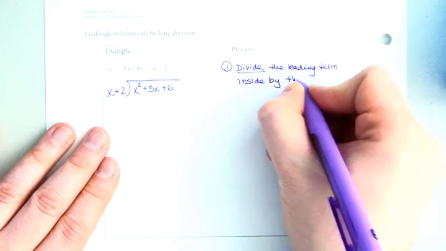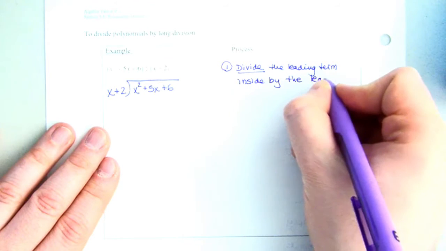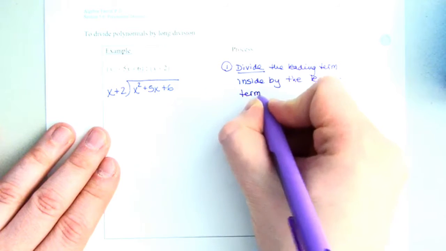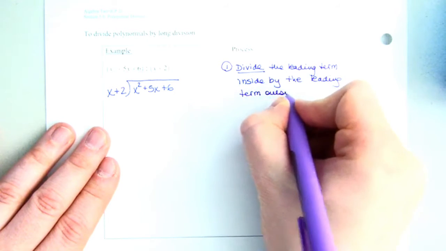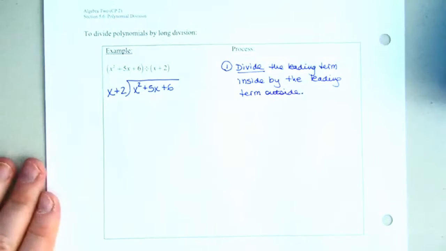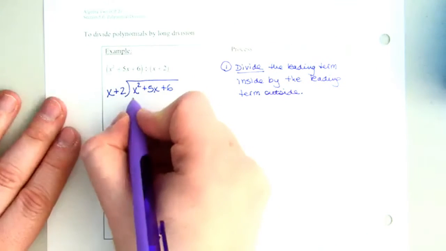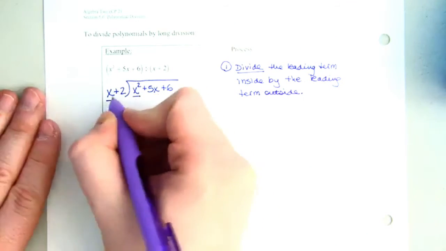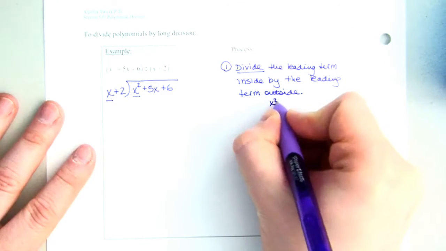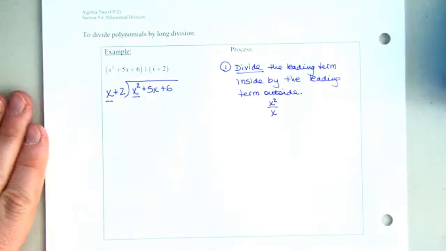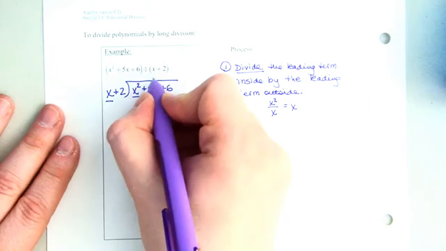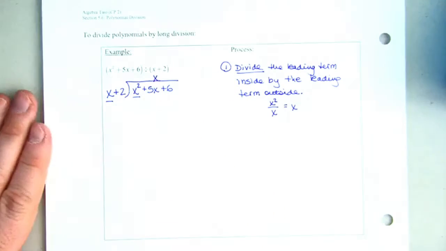Step number 1 is I need to divide. And when I divide, I'm going to divide the leading term inside by the leading term outside. I'm going to do the division problem, x squared divided by x, which just gives me x. I'll write that answer above the x term. I'm always going to line up my like terms.